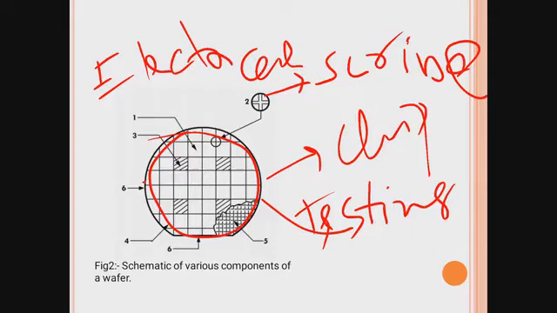Different schemes for classifying the processing steps are available in IC fabrication. They are basically divided into four main categories. Number one is layering, second is patterning, third is doping, and last is heat treatment.